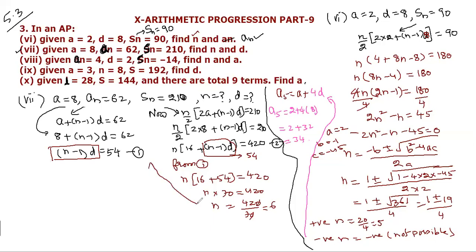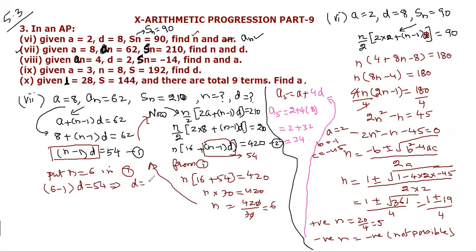So n is 6. Now put n is equal to 6. Come back to this equation. I'm putting an arrow so that you can understand. After this, you go to this step, then come back here. So we are putting n is equal to 6 in equation number 1. So n is 6, 6 minus 1 into d is equal to 54. So 6 minus 1 means 5.